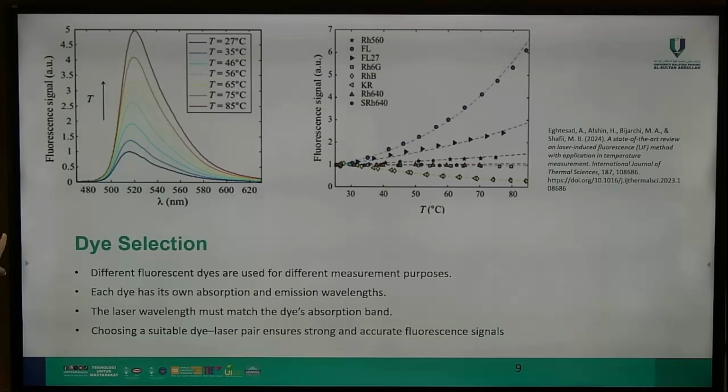Rhodamine B, the green one just now, can read around 56 degrees Celsius maximally. Also each of them will have a different trend, which means some dyes will give you an increasing trend with the increasing temperature.